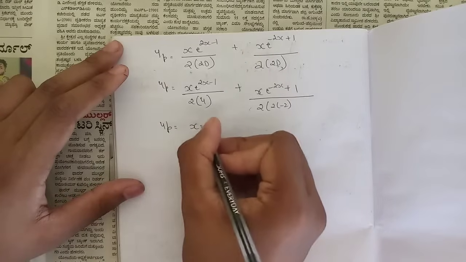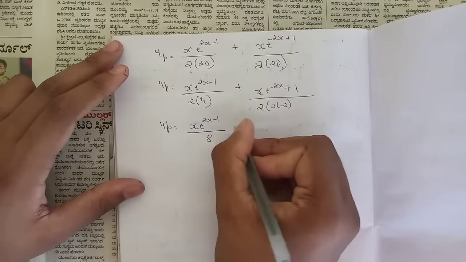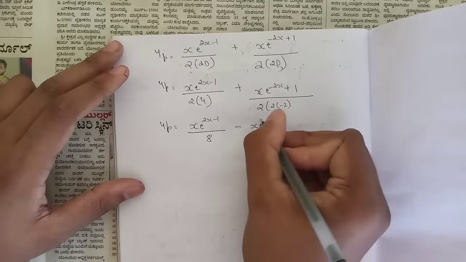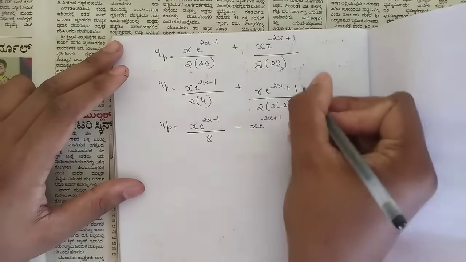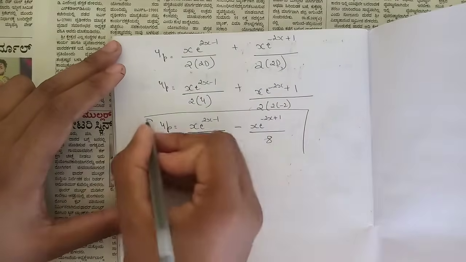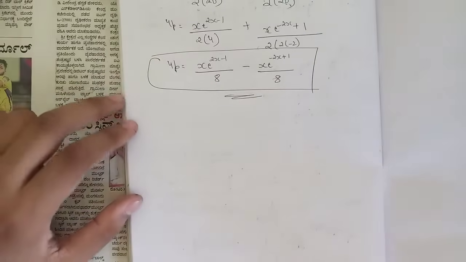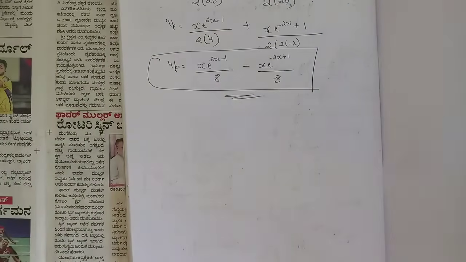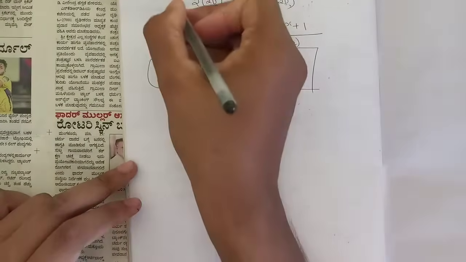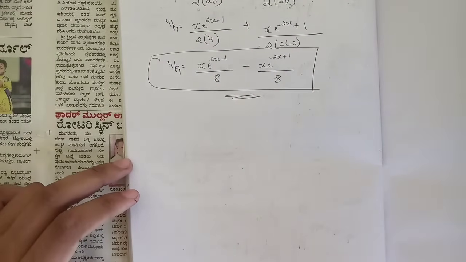So x e power 2x minus 1 divided by 8 minus x e power minus 2x plus 1 divided by 8. So this is your required yp1. Okay. This is not yp, this is yp1.